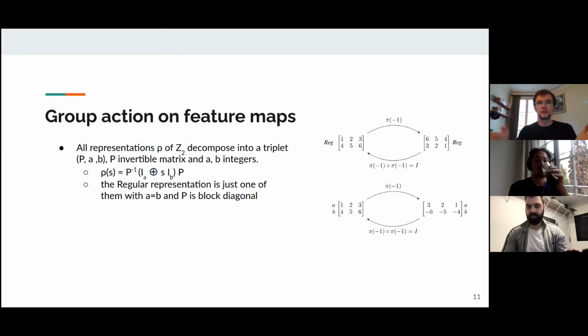Because in the group, formally you have the neutral element that basically does nothing. So if you don't make a shift in your input, nothing happens, because S is going to be 1. So this here becomes identity, and so the total stuff becomes identity. But when you have a flip in the input, or when the group action is the one associated with the flip, then some more interesting stuff happens.